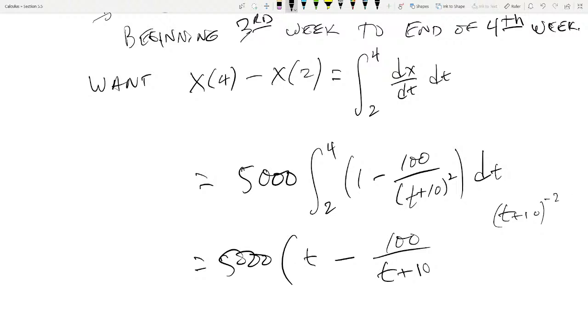So when I add 1, I get t plus 10 to the negative 1, so I'll have t plus 10 in the denominator, and I still have that 100 up on top. Then I need to divide by that negative 1, so that makes this a plus.